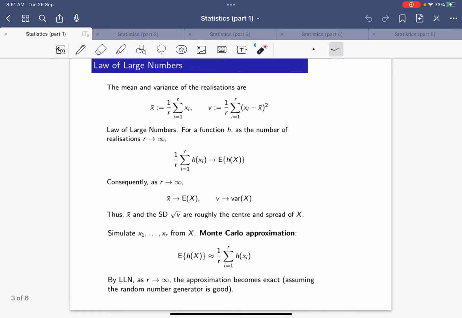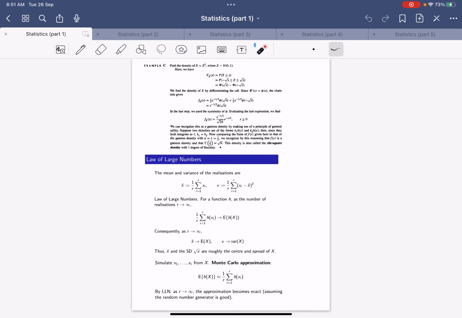One example is the Monte Carlo approximation method, where they approximate Ehx to be approximately this function. And by the law of large numbers, this approximation becomes good as r goes to infinity. So it's a good approximation.